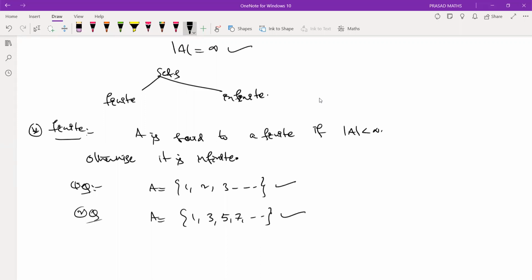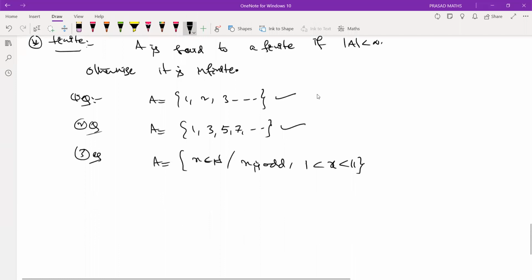Suppose you take the set of all odd numbers lying between 1 and 11. Finite set. That is 3, 5, 7, and so on. What is the cardinality? It is finite. So this is about finite sets and infinite sets.